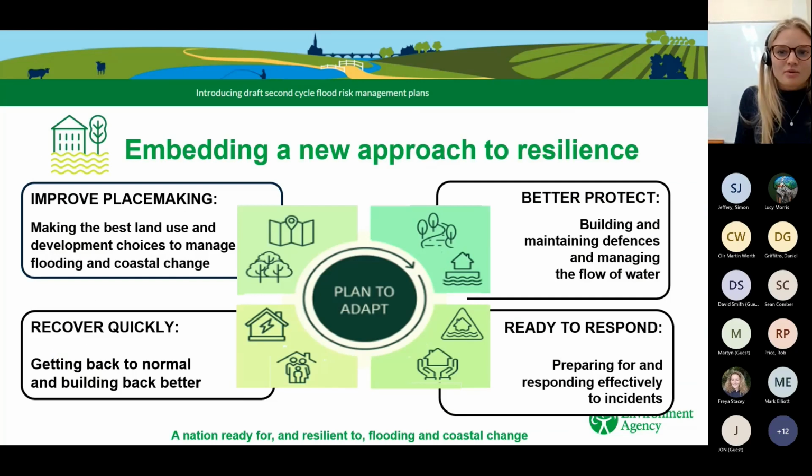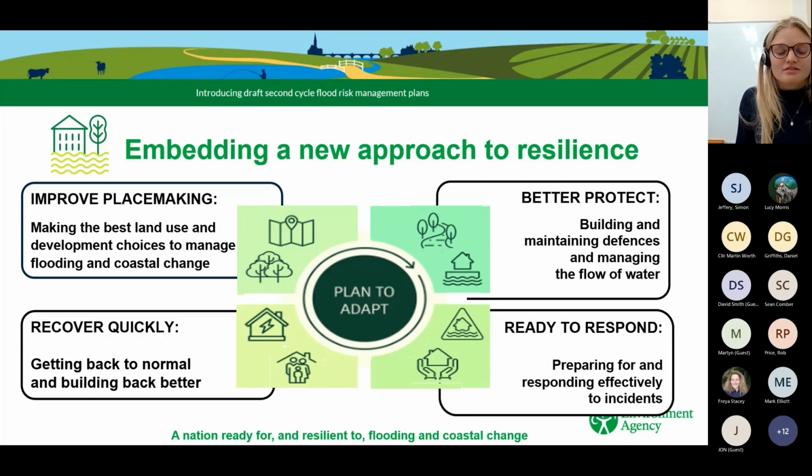So the strategy sets out that we need to be embedding this new resilience approach to how we manage flood and coastal erosion risks. So it's shifting our focus more towards resilience.